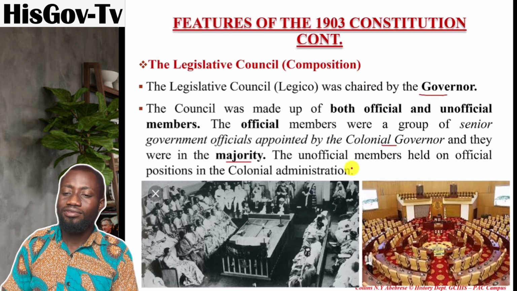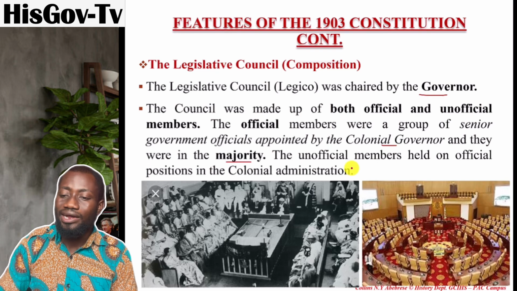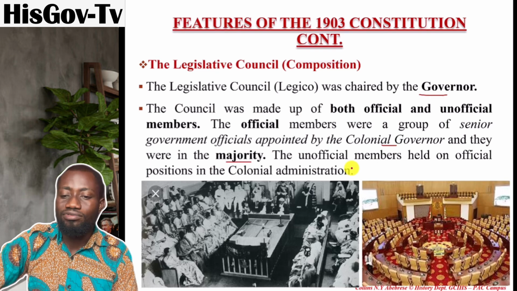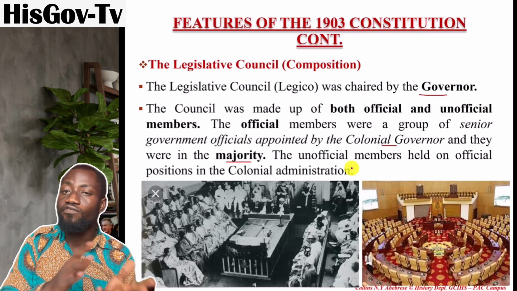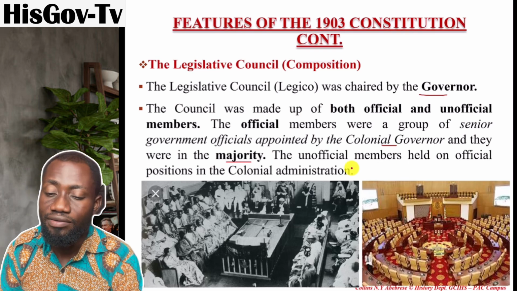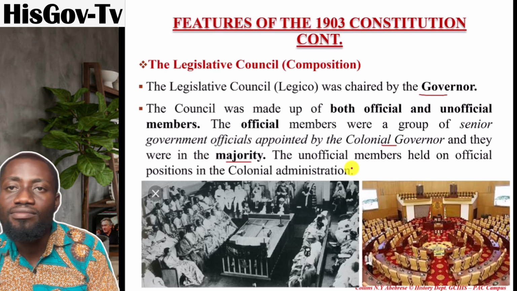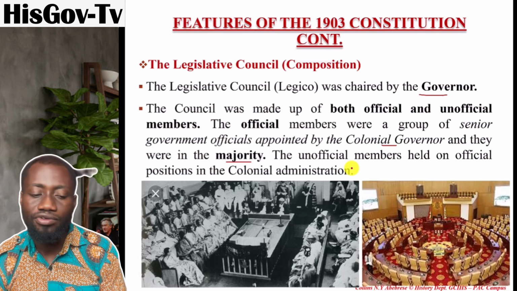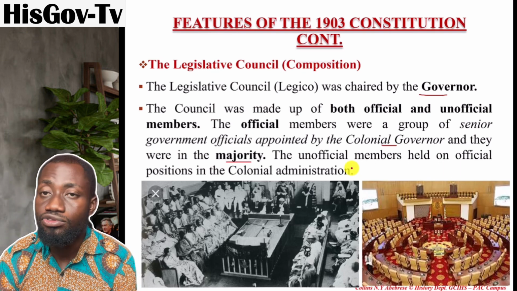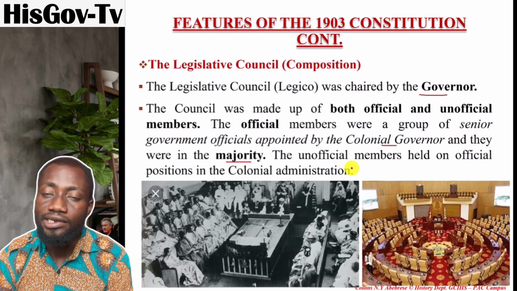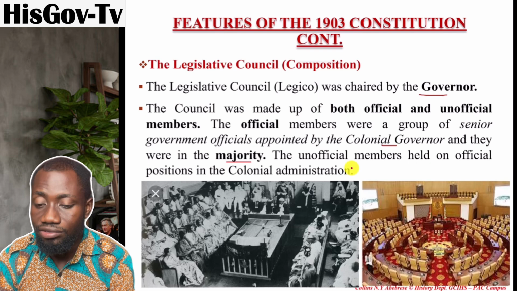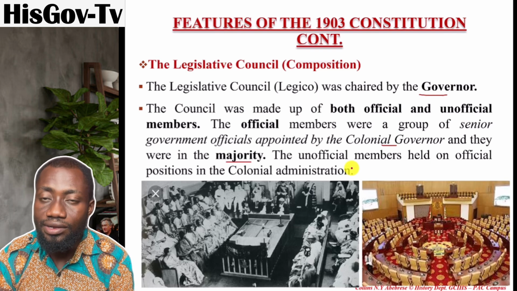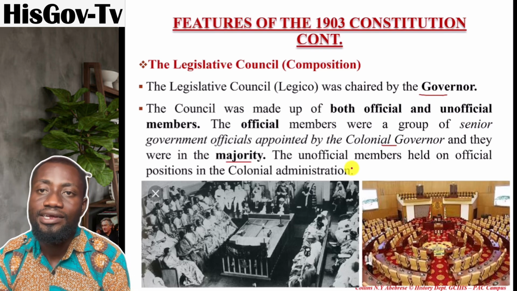The unofficial members also held official positions in the colonial administration. The difference between the official and the unofficial members was that the official members normally are the heads of the institutions, the army, various state institutions, banking and all of that, mining.